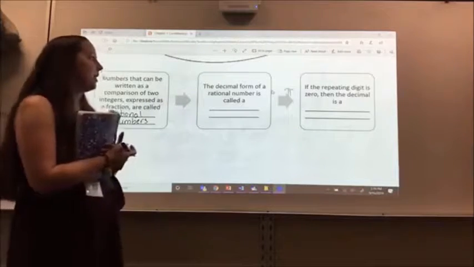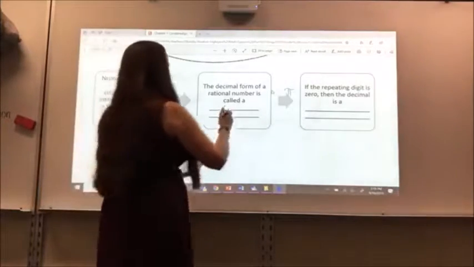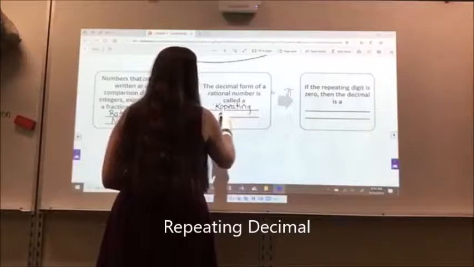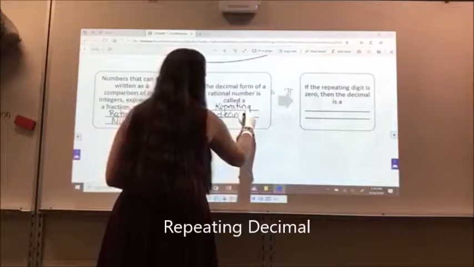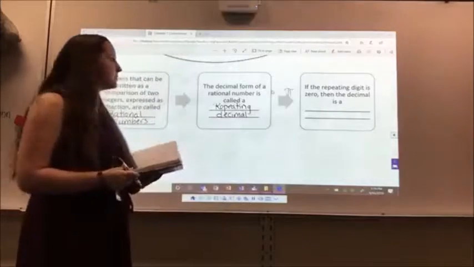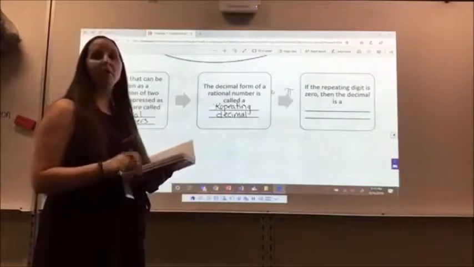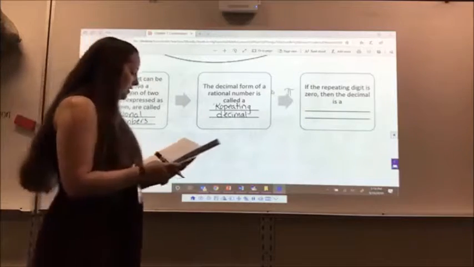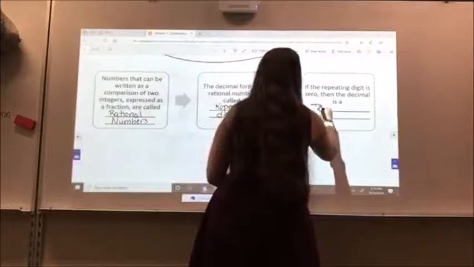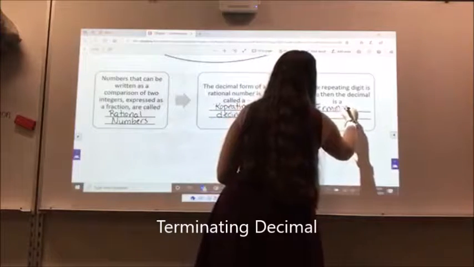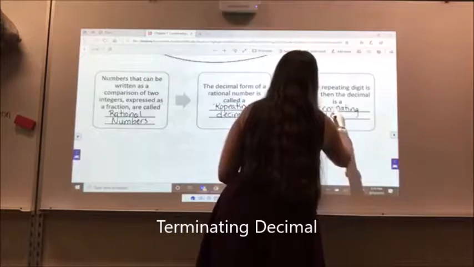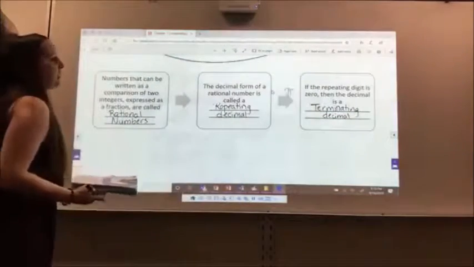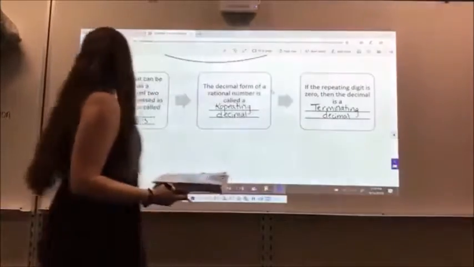The decimal form of a rational number is called a repeating decimal. So a repeating decimal is the decimal form of a rational number. If the repeating digit is 0, then the decimal is a terminating decimal.